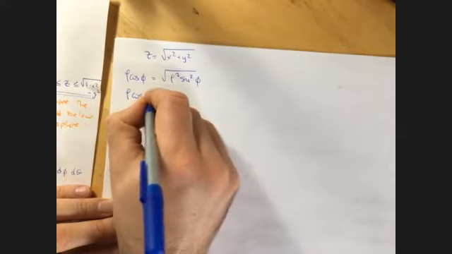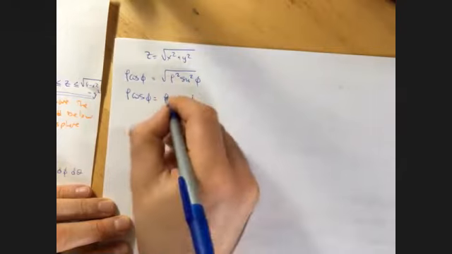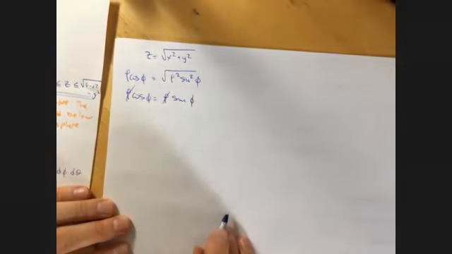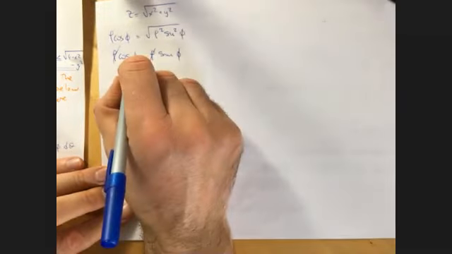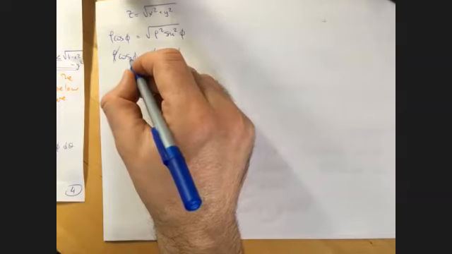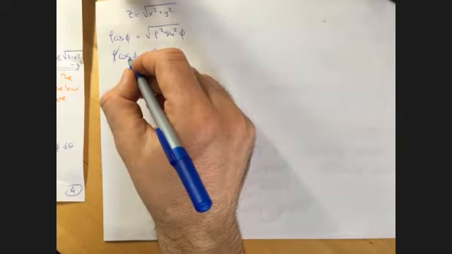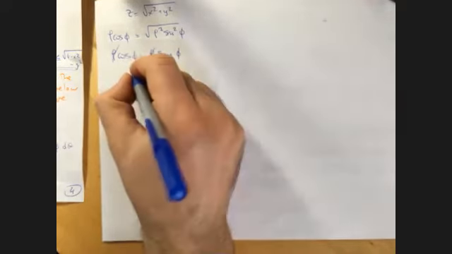Rho cosine phi is equal to the square root of rho squared sine squared phi, which is rho sine phi. Cancel rho and rho. At what angle between 0 and pi are cosine phi and sine phi the same? Phi is equal to pi over 4.